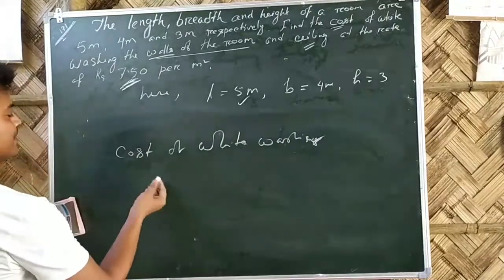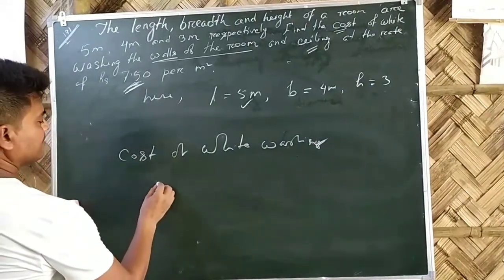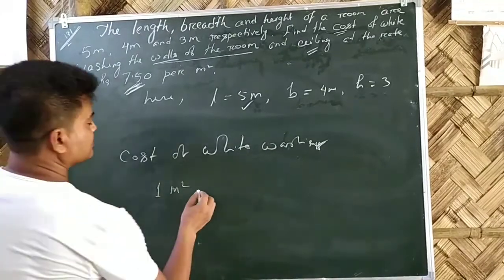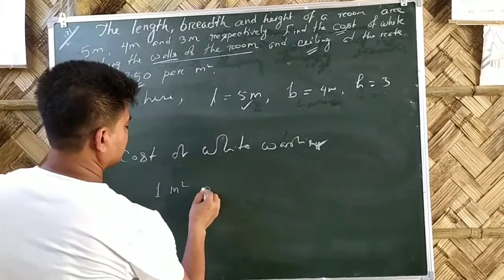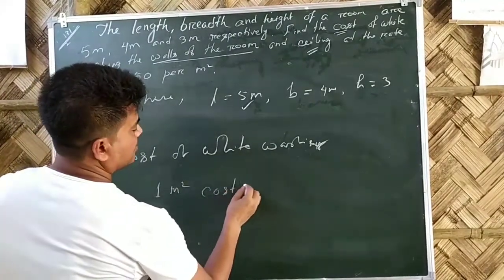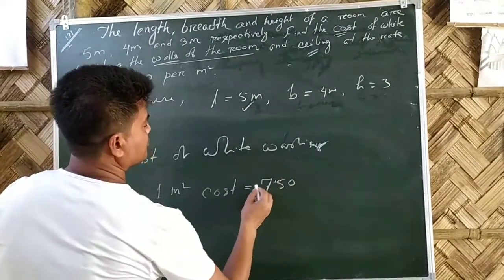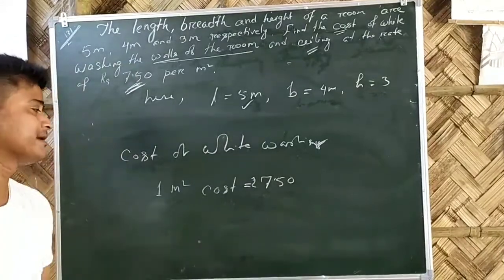That means 1 meter square generally costs how many rupees? 7.50 rupees is the cost.